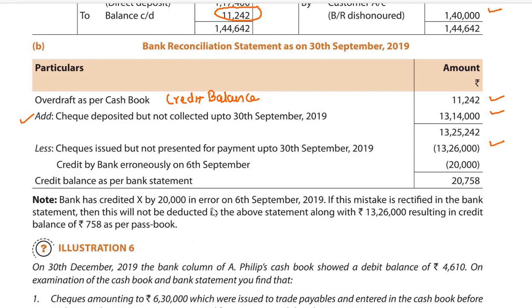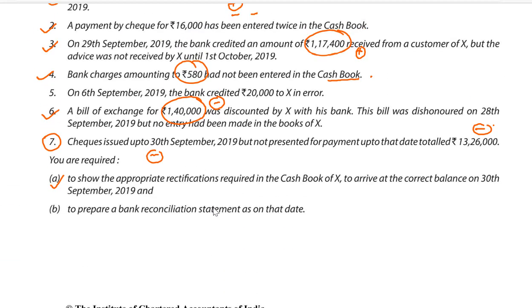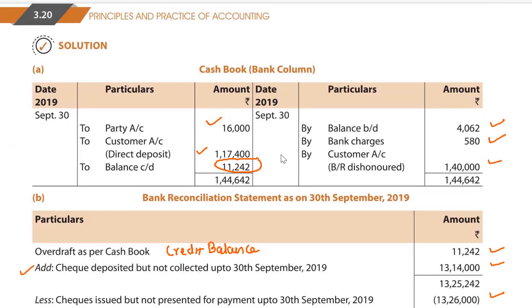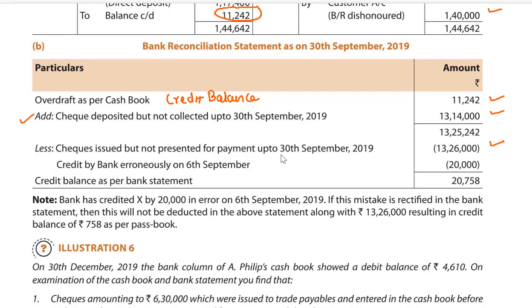There is one more entry over here, that the bank credited 20,000 in error. So we also need to do that. That is credit by bank erroneously on 6th September, minus 20,000. Credit balance as per bank statement is 20,758. A bank credit balance means a positive balance.